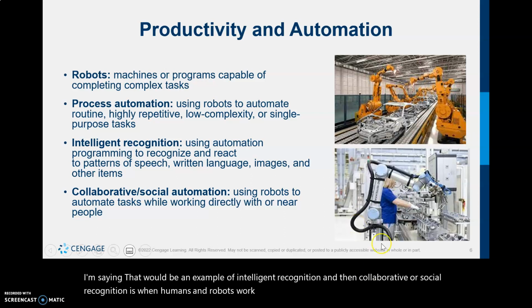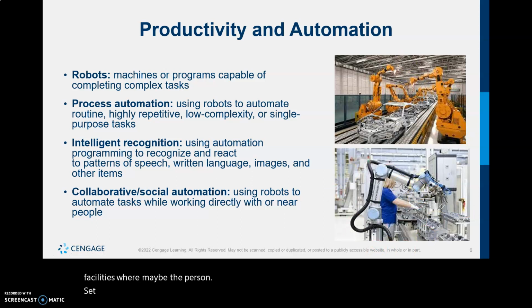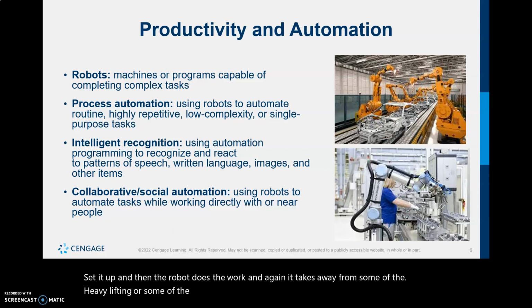You'll see this a lot in manufacturing facilities where maybe the person sets it up and then the robot does the work. Again, it takes away some of the heavy lifting or repetitive motions that humans would otherwise have to do. A lot of times robots can actually do it better because they're able to be more precise.